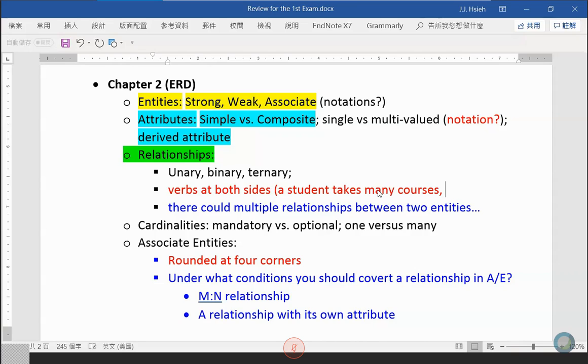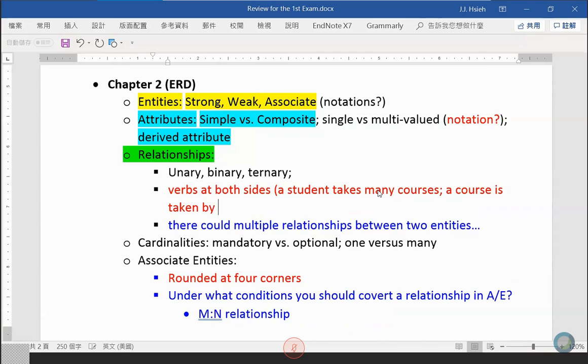And then from the other side, a course is taken by many students. I want you to show the verb at both sides of the relationship. So when you draw an ER diagram, I want to see this verb at both sides.